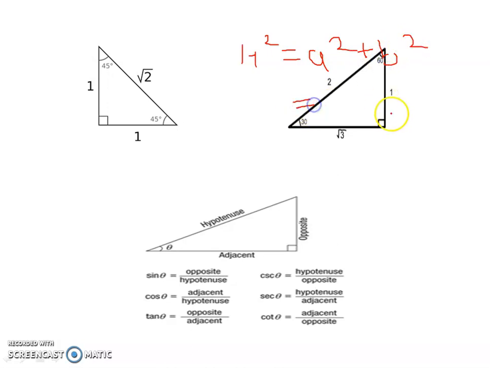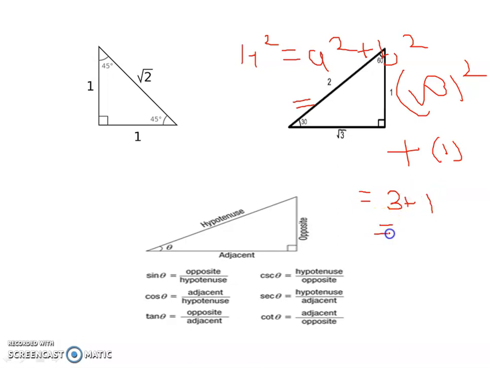The adjacent side we take, suppose, is root 3, so root 3 square plus 1 square. The root and square cancel, the answer is 3 plus 1, which is 4. But h square is equal to 4, that's why h is equal to 2, the square root of 4. That's why the hypotenuse is 2 here.